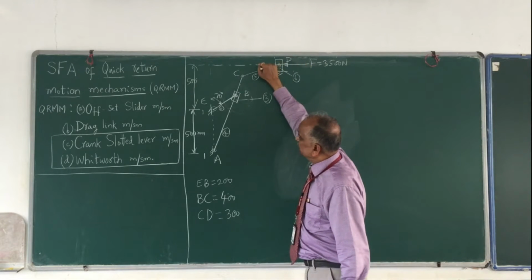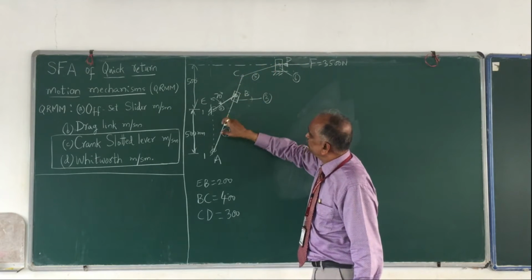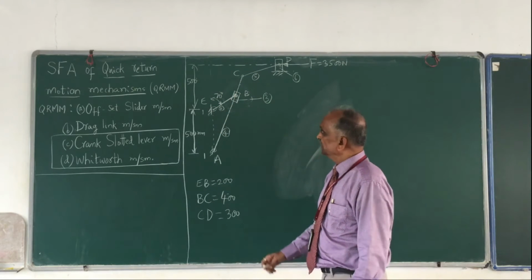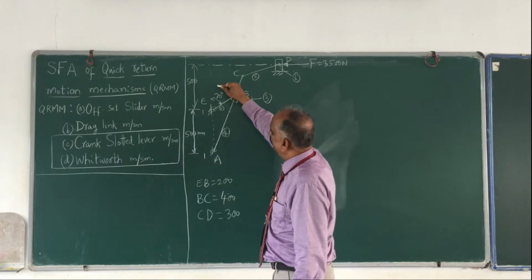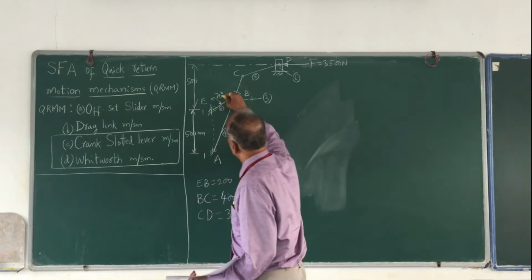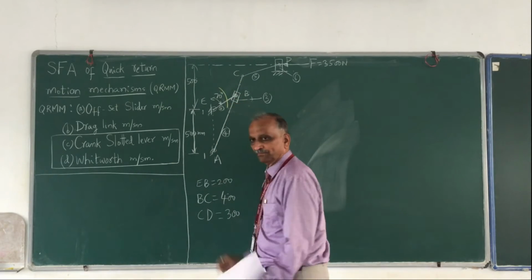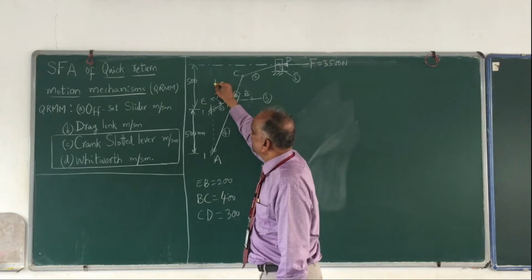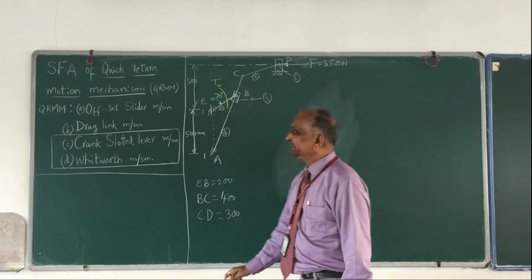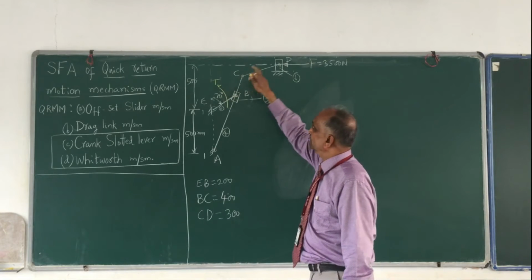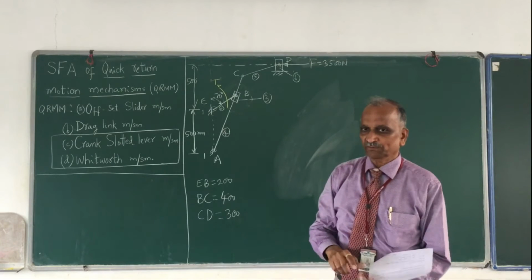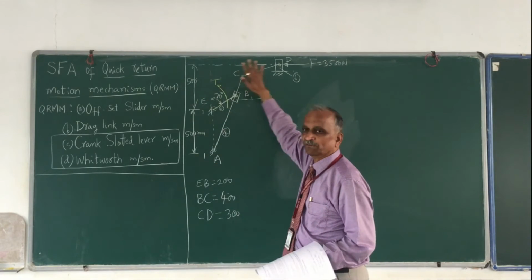This will start moving towards the left, and because of this, through this link, link number 2 also will start rotating. I don't know whether it rotates clockwise or anti-clockwise, it doesn't matter. I don't want link 2 to rotate, and therefore how do I stop it? By applying a torque T2. So I have been asked to find the value of T2 to keep the entire mechanism in equilibrium. That is the statement of the problem.